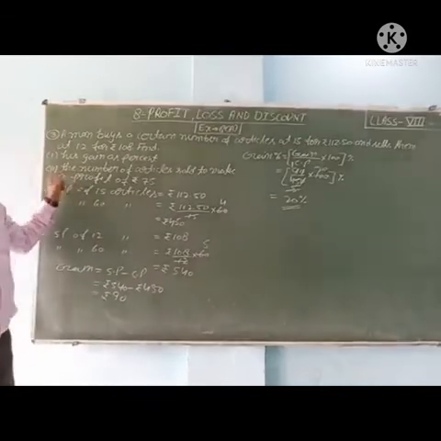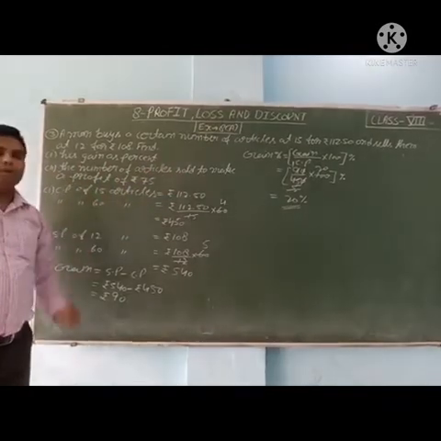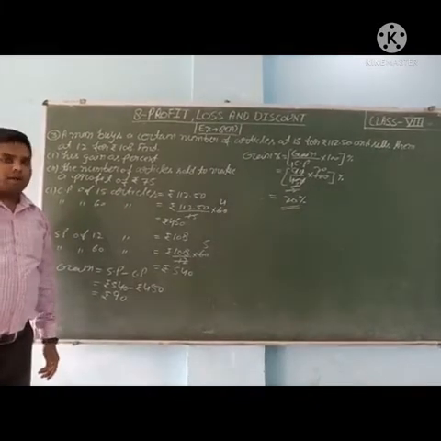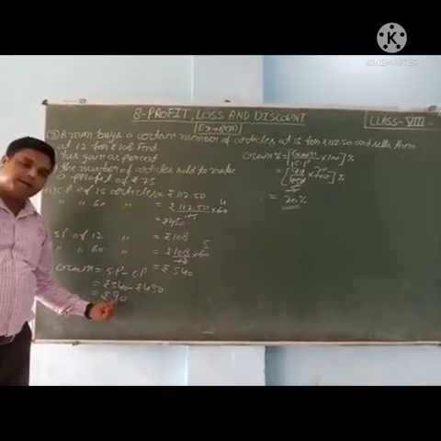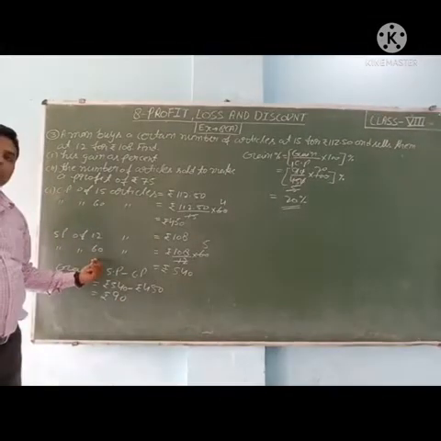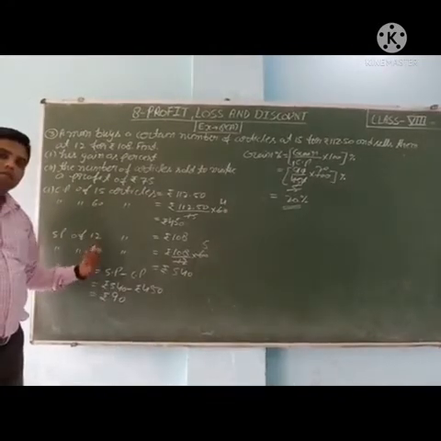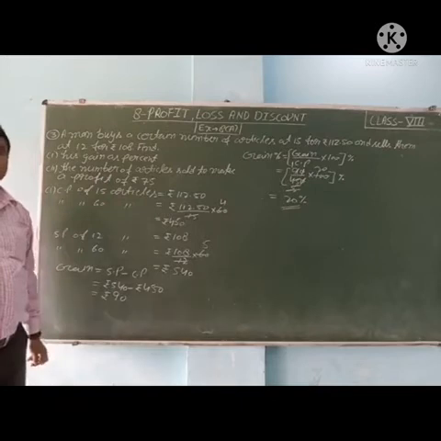Second part, the number of articles sold to make a profit of rupees 75. So how many articles sold to make a profit of rupees 90? 60 articles. So with the help of this, we will find the number of articles sold to make a profit of rupees 75.